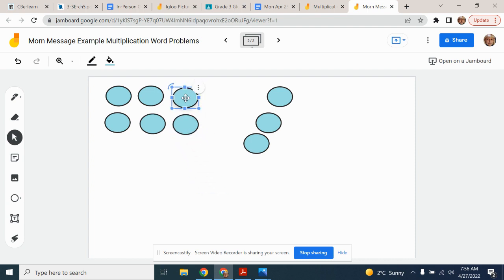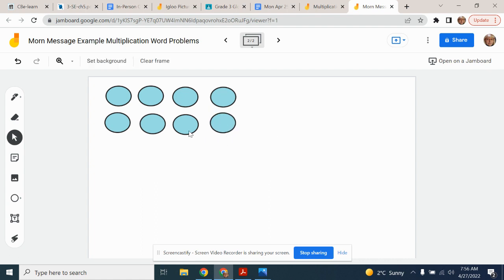So rows go across. And we have one extra that we don't need, so I'm going to erase it. So that's fairly neat. Rows go across, columns go down. So we have 2 rows, 4 columns. Let's go back and see what is the next thing we have to do.